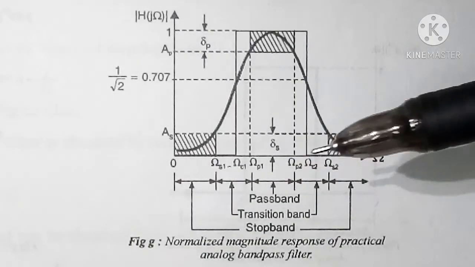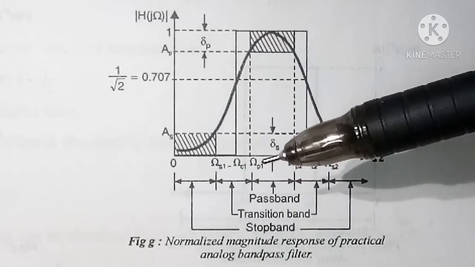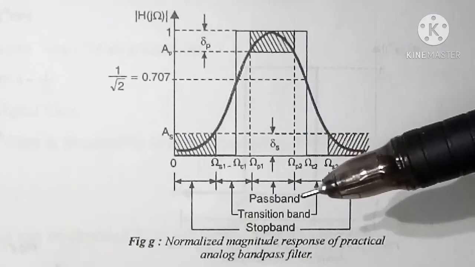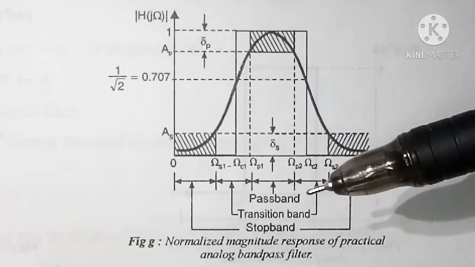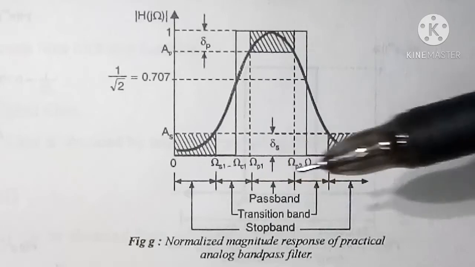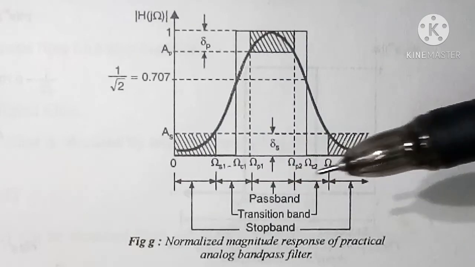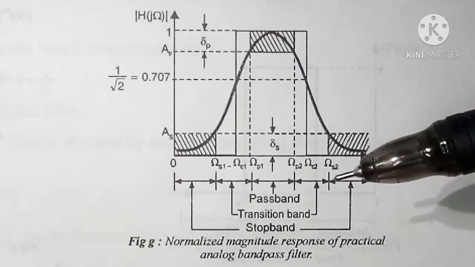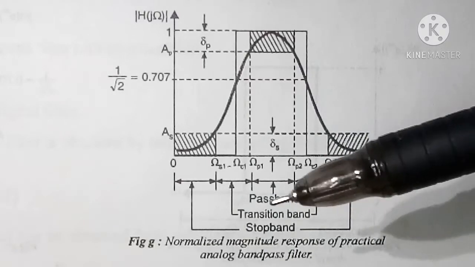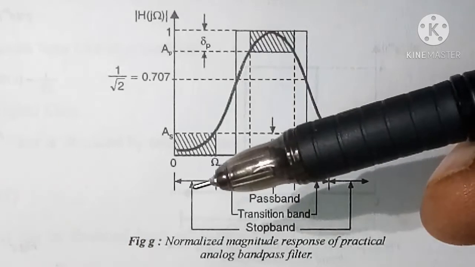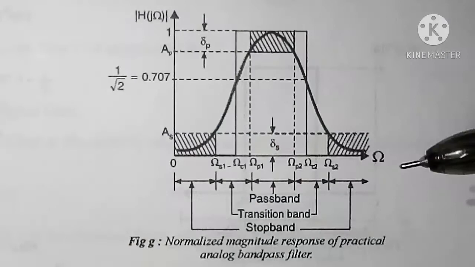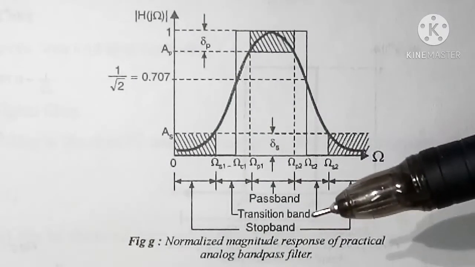The range of frequencies from omega p1 to omega p2 is called passband. The range of frequencies from omega s1 to omega p1 and omega p2 to omega s2 is called transition band, whereas the range of frequencies from 0 to omega s1 and omega s2 to infinity is called stop band.